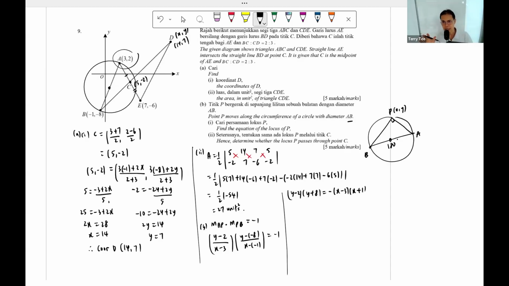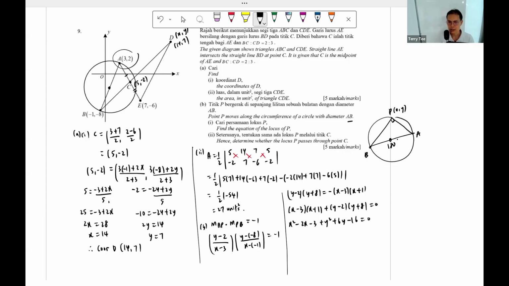Now, I don't want to expand first. I like to put it together before I expand. Throw all the x to the same side: (x minus 3)(x plus 1) plus (y minus 2)(y plus 8) equals 0. Expand the bracket: x squared minus 2x minus 3, y squared plus 6y minus 16.